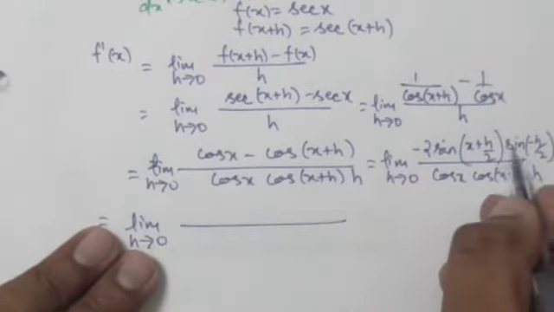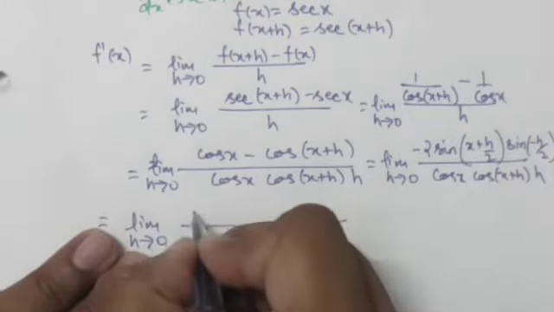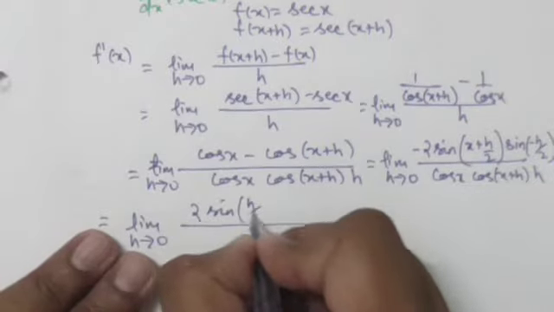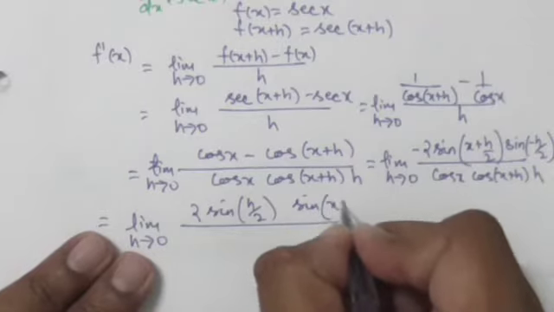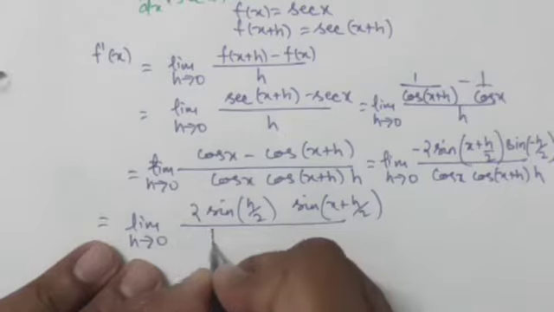Now see, sin(-x) is minus sin x, so it will be twice sin(h/2), sin(x + h/2) upon h.